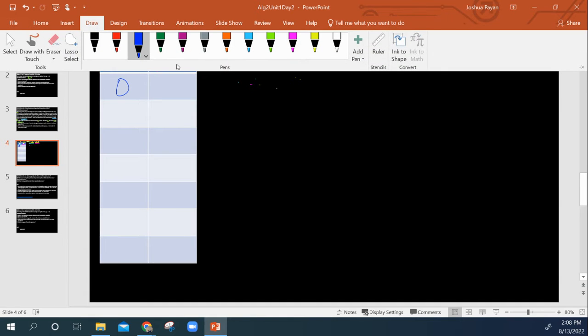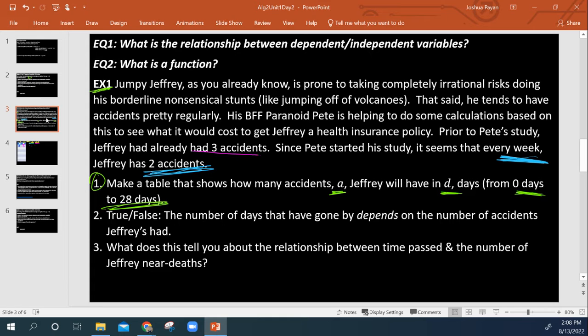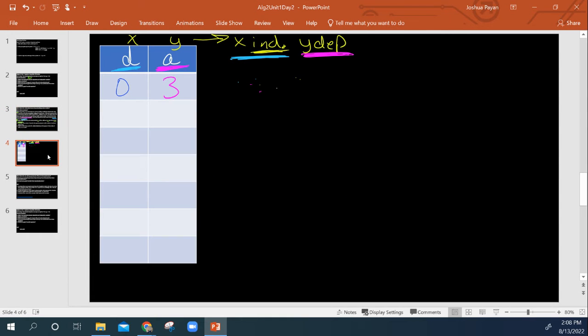In 0 days, we're told he already has three accidents. If we refer back to here, he already had three accidents. Then in a week, he'll have had two more accidents, so we just add two.